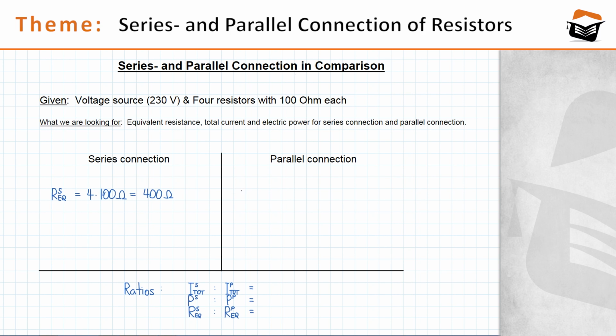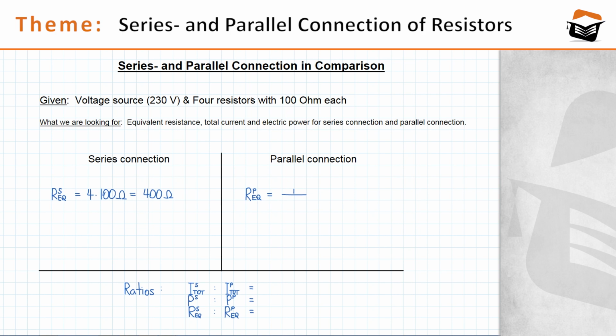And for a parallel connection, I'm going to label R EQ superscript P, which refers to the parallel connection. And the formula for the equivalent resistance in the parallel connection is 1 over the sum of the inverses of the resistances.